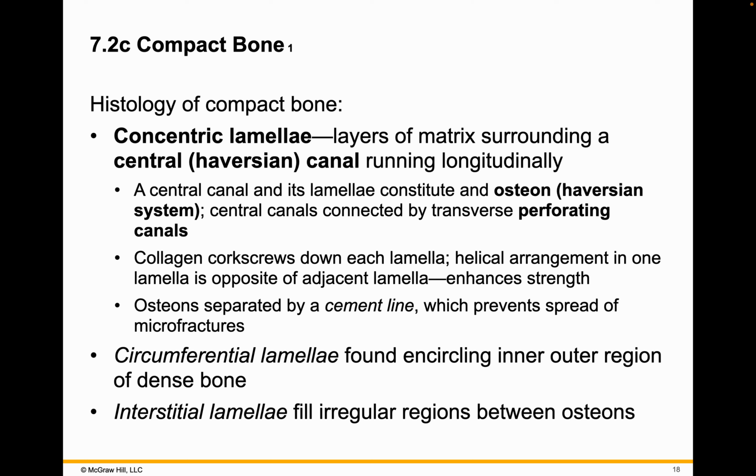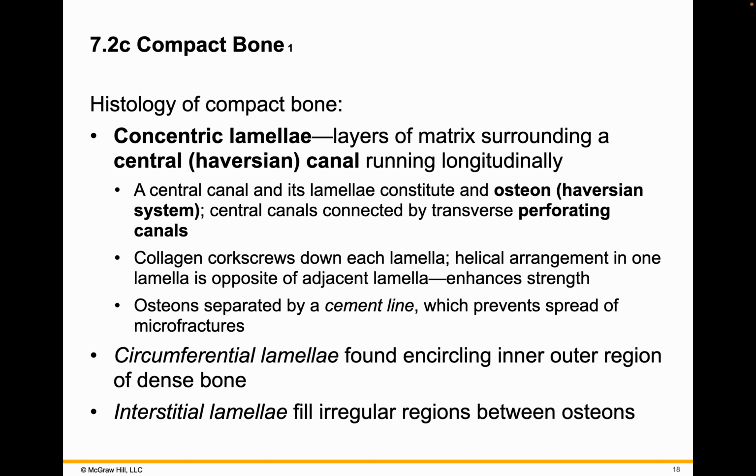Compact bone is made with concentric lamellae. They're layers that surround a central canal. The central canal is traditionally referred to as the Haversian canal that would run longitudinally in the bone. A central canal and its lamellae constitute an osteon, or a Haversian system. Central canals are connected by transverse perforating canals. Collagen corkscrews down each lamella.